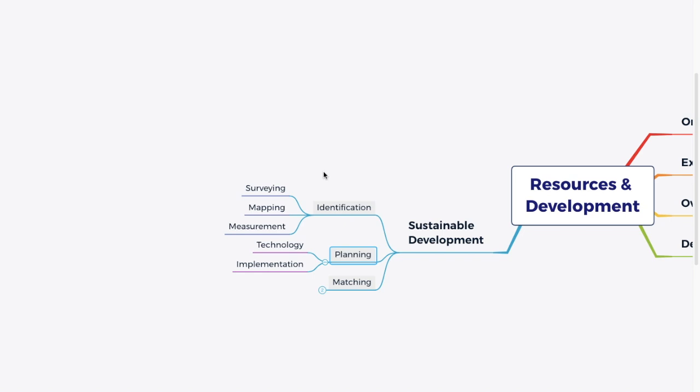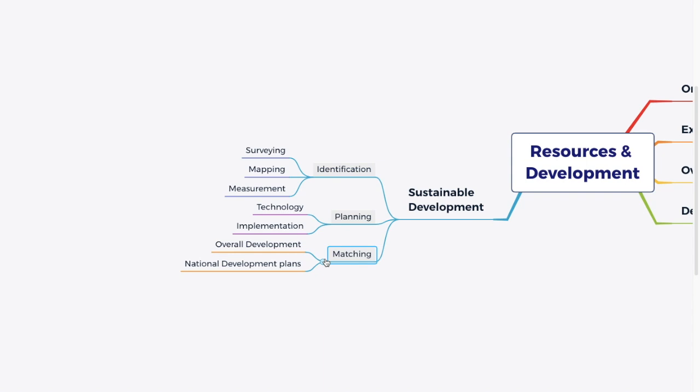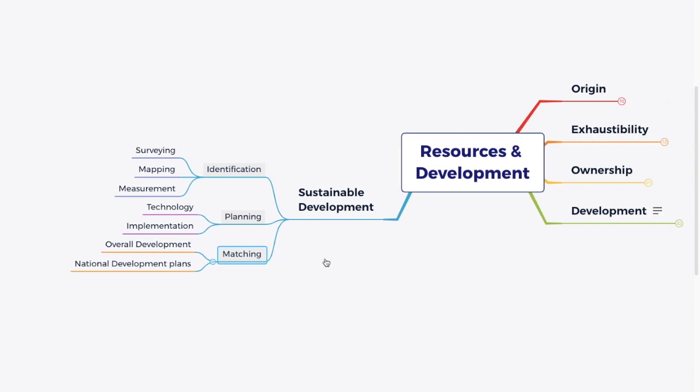How are we going to use technology to extract these resources, or how are we going to use technology to make a particular resource available to the masses? And then the next step is the implementation, making use of these resources. And finally, our nation has plans. So all of these have to match with the national development plans.